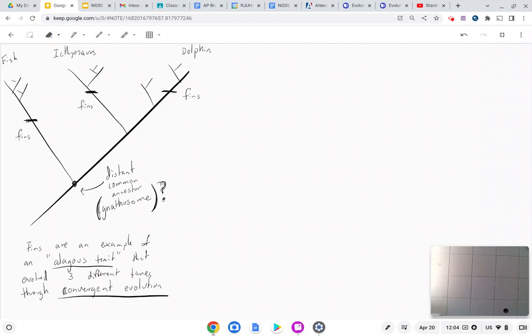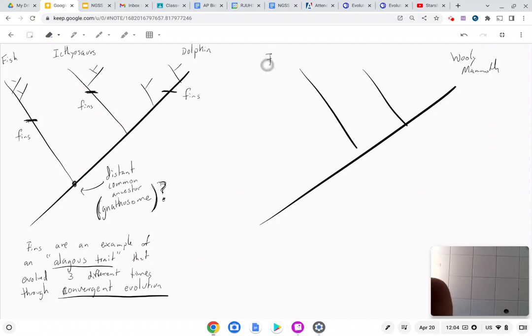Okay, so let's contrast this now with a cladogram of, let's say, woolly mammoth and elephant. So this species is extinct, so I put an X on there, and notice that woolly mammoth does not reach all the way to current day time.